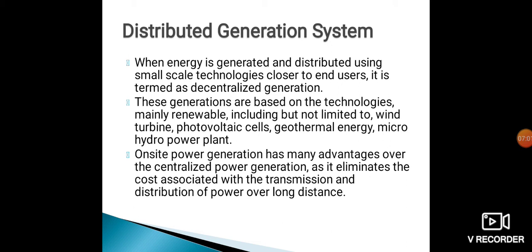The most important point is it doesn't require any transmission cost. So the cost of transmission from Dahanu to Gorai gets reduced, so it becomes economical for the consumers, and distribution of power over a long distance. So this is about the distributed generation system.